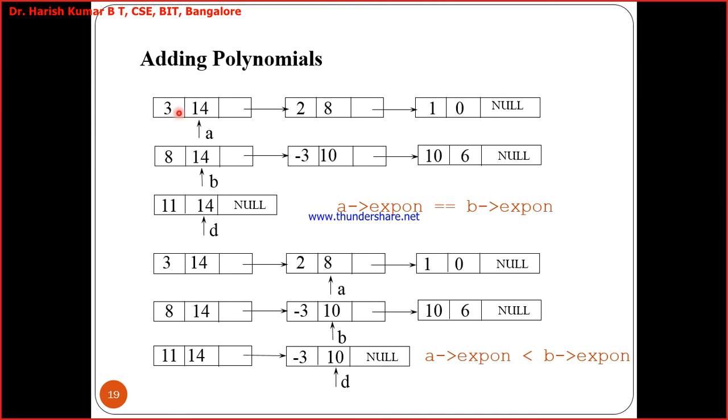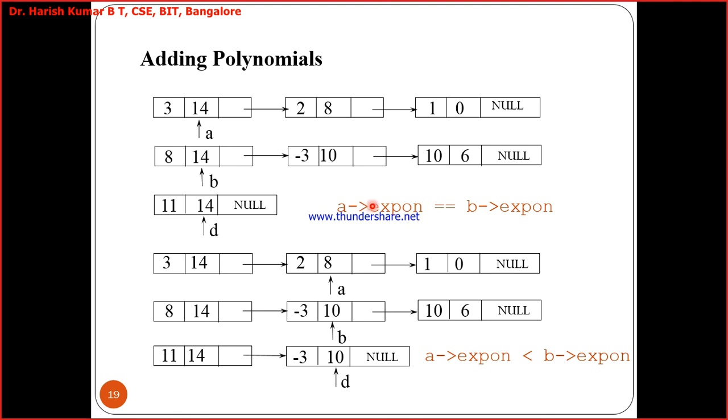So how do I access the exponent field of the first polynomial? a arrow exponent, similar to how we solved it in the previous slides. Yes or no?